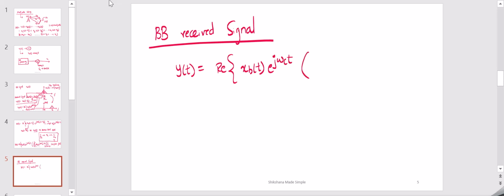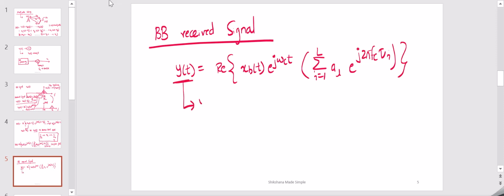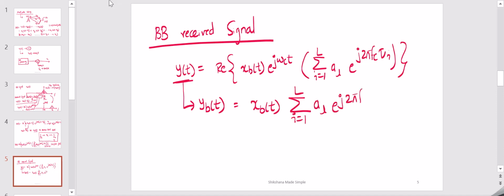Then we had this component summation i equal to 1 to L, al e to the power of j 2 pi fc tau i, right? So from here, if we take the baseband component yb of t, this will turn out to be xb of t summation i equal to 1 to L, al e to the power of j 2 pi fc tau i.